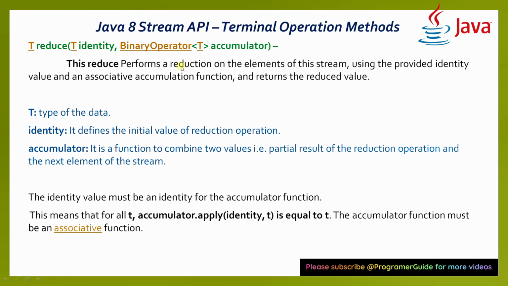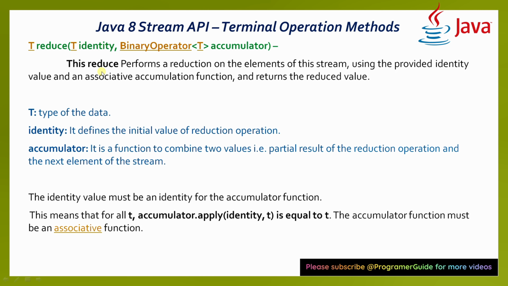Whatever input type we have defined for the binary operator function, we must give the same type of data. It cannot be anything else. This means that for all t, accumulator.apply(identity, t) is equal to t. That means whatever the identity value and binary operation are, it is going to return the same type of data. This accumulator function must be an associative function. By default it is associative because all the data is grouped together.